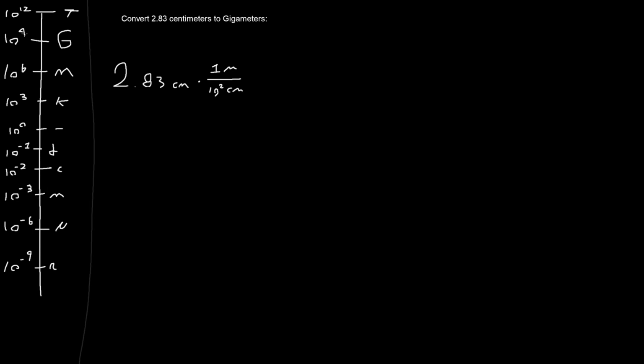So now we have meters, and then we want to convert meters to gigameters. So we add a times symbol right here, and then we have 1 Gm in the numerator. And we know 1 gigameter is 10 to the 9 m.